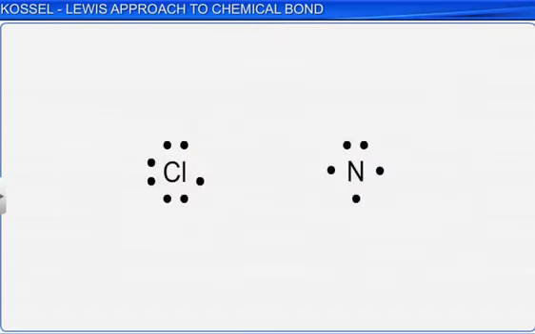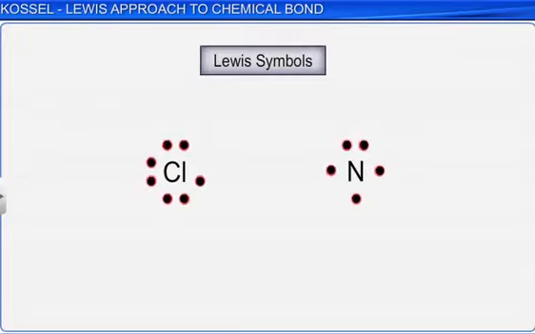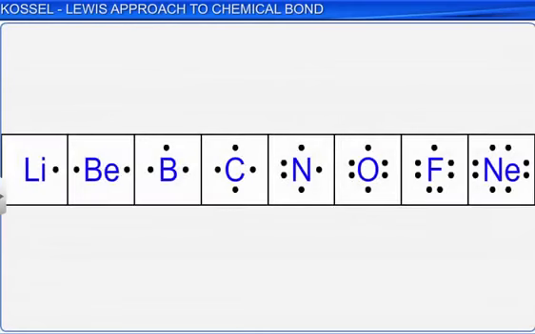Lewis proposed simple notations to represent valence electrons in an atom. These notations are called Lewis symbols. As per Lewis symbols, the number of valence electrons of an element are represented as dots around the symbol. Let's look at the Lewis symbols of the elements lithium, beryllium, boron, carbon, nitrogen, oxygen, fluorine and neon as shown.